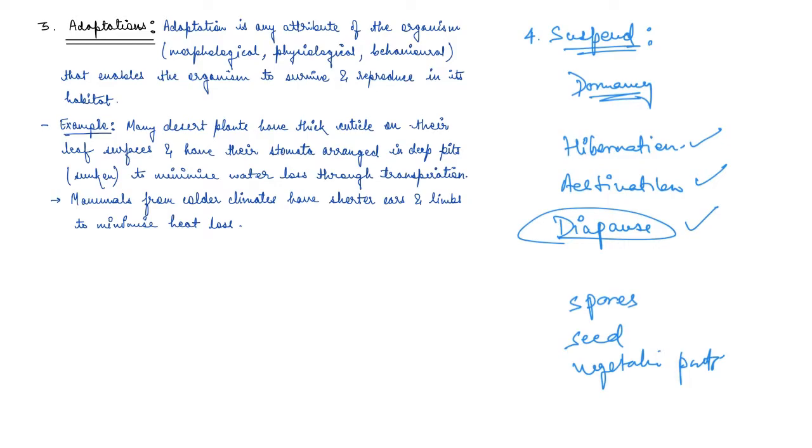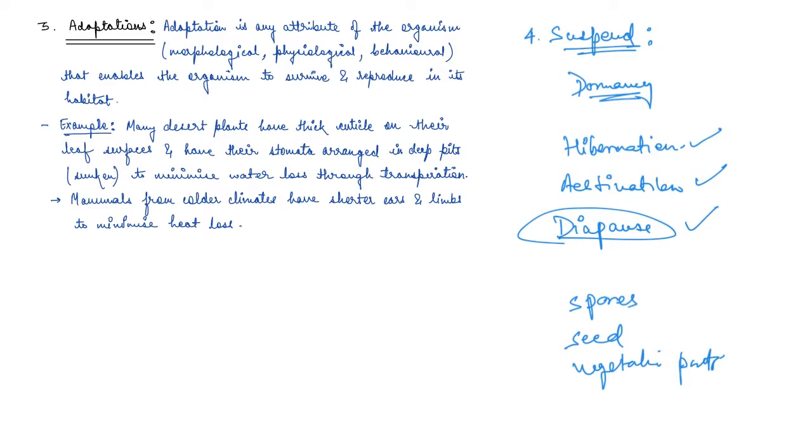Now, there are many adaptations which have evolved over evolutionary time, and they are genetically fixed as well. For example, in the absence of an external source of water, the kangaroo rat in the North American desert is capable of meeting all its water requirement through internal fat oxidation, right?